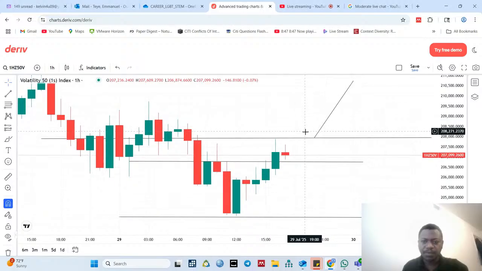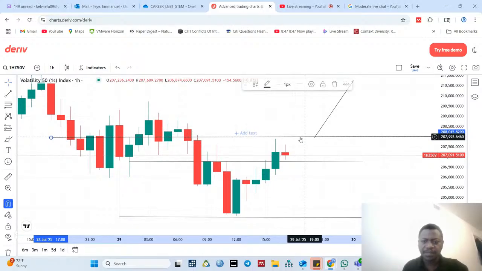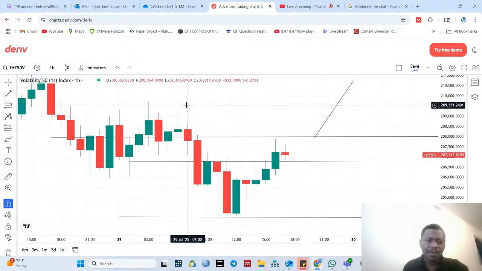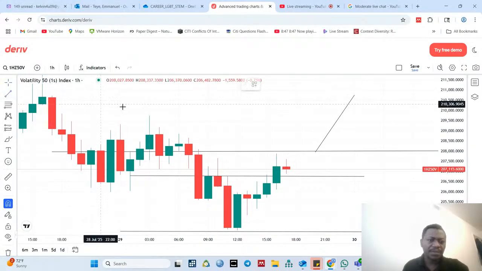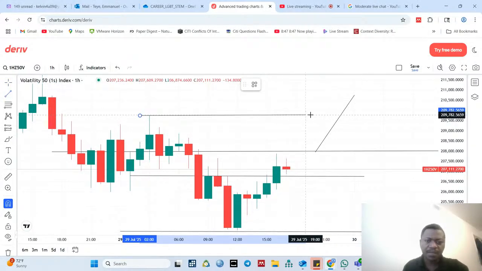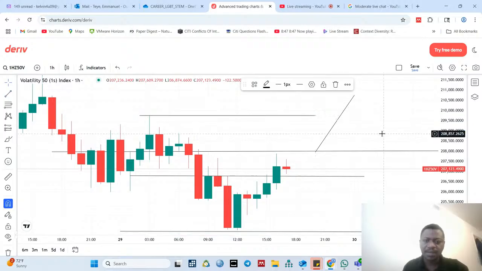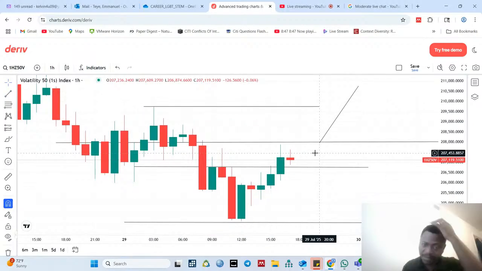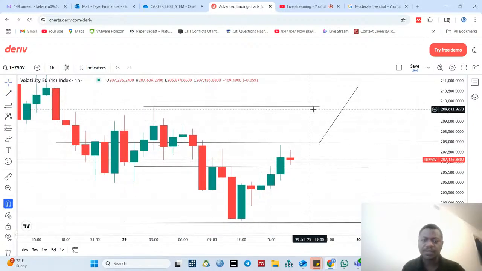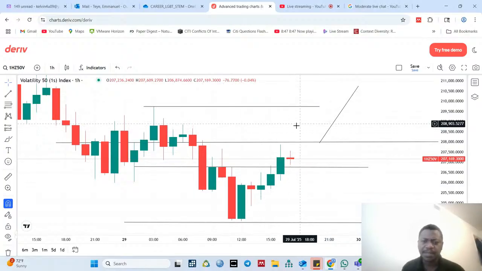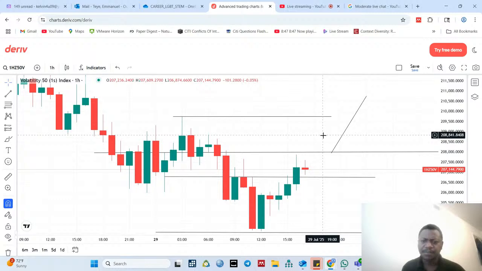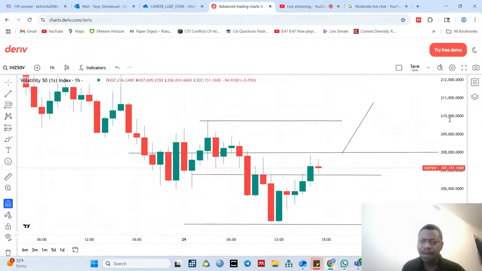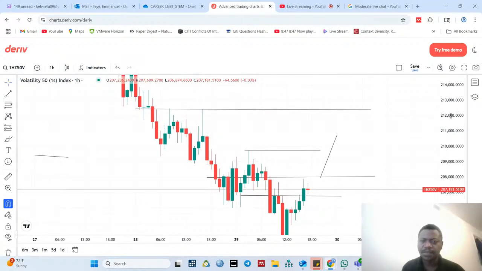But if we are able to close above this line, which is on the 8 hour candle, preferably take out these highs around here, then there will be a great possibility for us to have a bullish or a buy setup that will give us a possible pullback or retracement on 50.